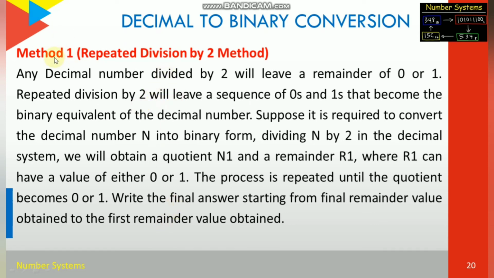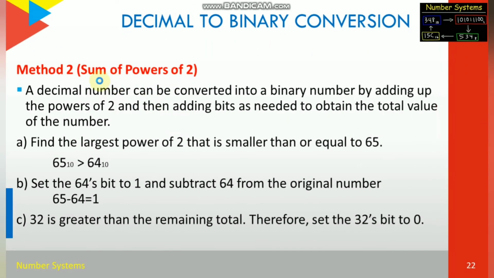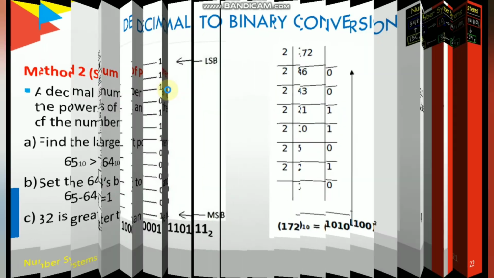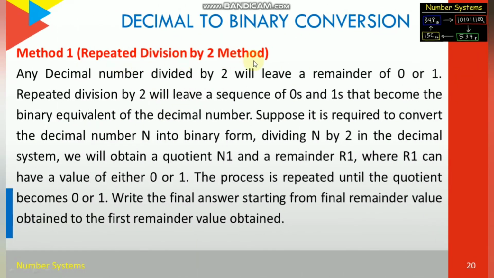The first method is repeated division by 2, and the second method is sum of powers of 2. In these 2 methods you can do any one method which is easy for you, and my suggestion is to follow repeated division by 2.